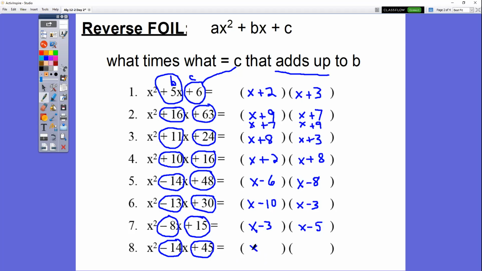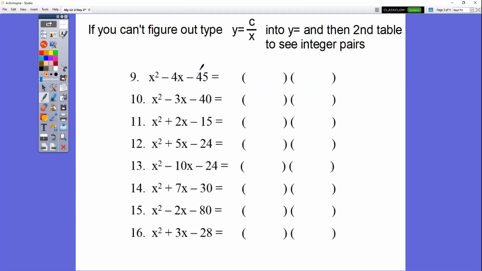Yep, it is -9 and -5. -9 times -5 is positive 45. -5 plus -9 is -14.